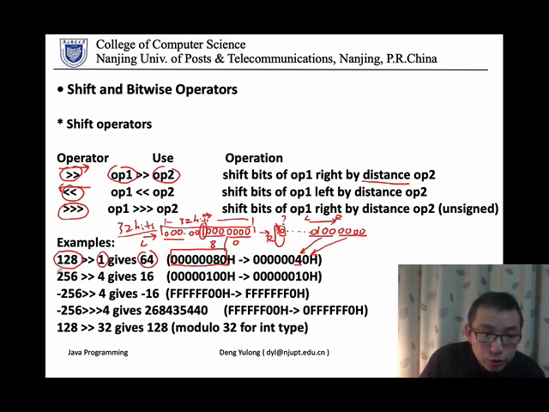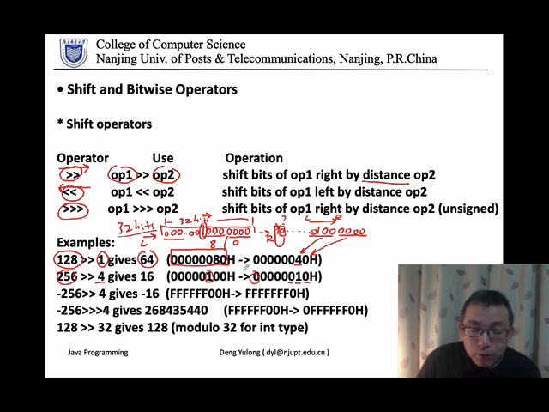If we do another shifting, for example, we have the number 256, and do the right shifting, the arithmetic shifting, with a distance of 4. That means we shift 4 bits. Shifting 4 bits is just 1 hexadecimal digit. So there is 1, and shifting 4 bits, it becomes 0 1 0.